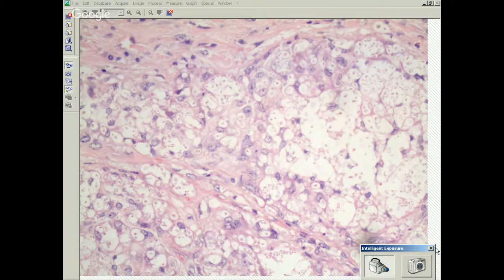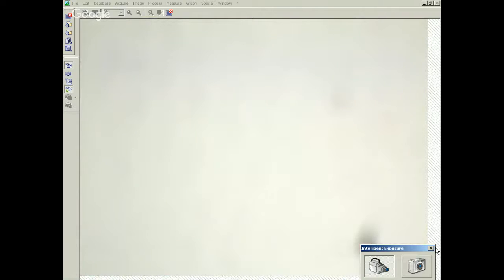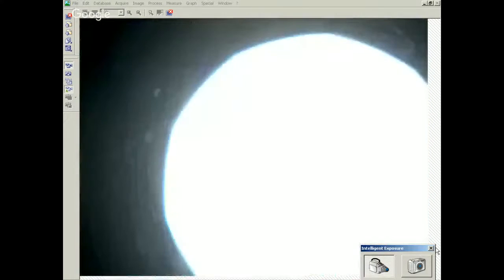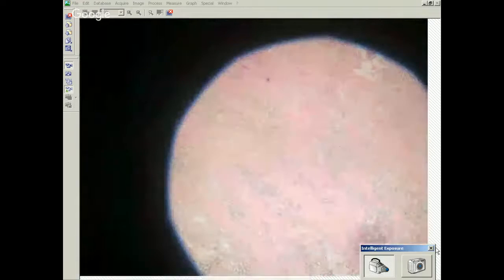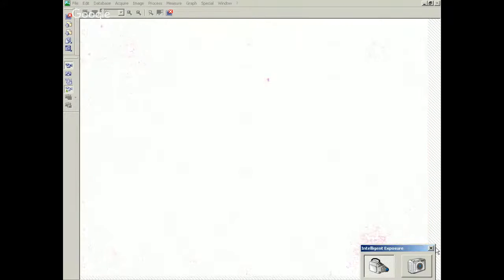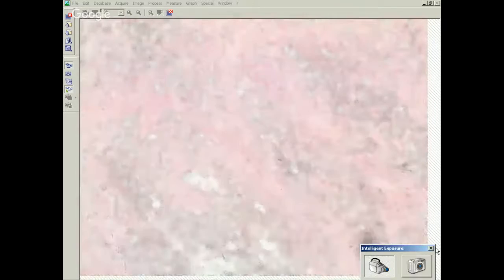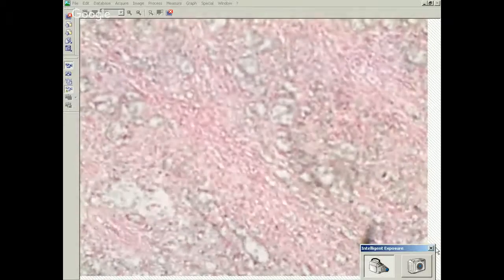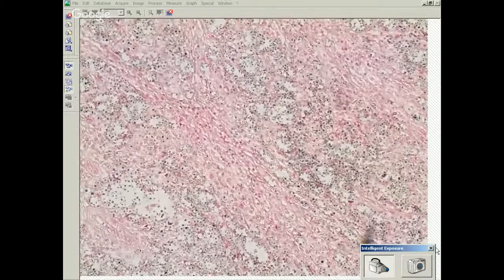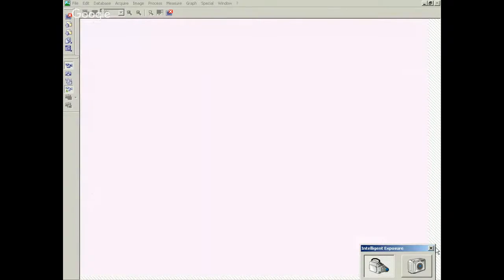I thought I brought the silver stain, but I have another stain that I think would be useful. Okay, so this is a Fontana Masson stain. And it actually stains these histoplasma beautifully. See?